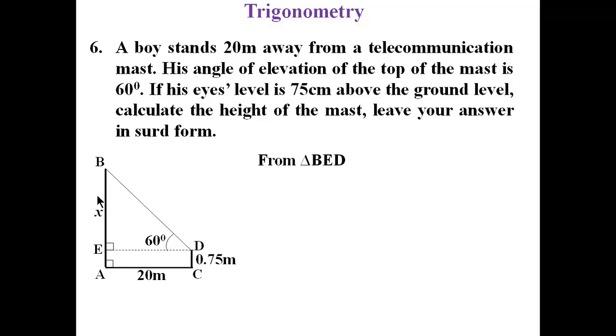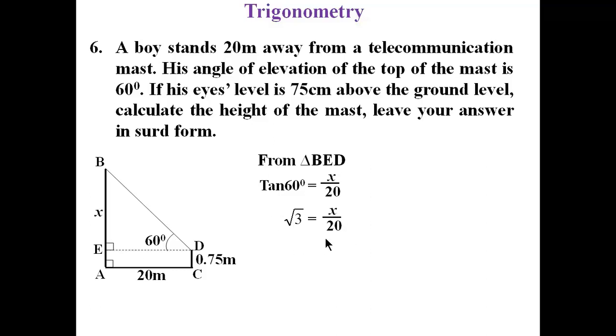So we are going to combine the opposite and the adjacent again. Since ED is 20 meters, we have the trigonometrical ratio tan 60 degrees equal to opposite X all over adjacent, that is over 20. So from here, tan 60 degrees in surd form is √3, which is equal to X over 20.